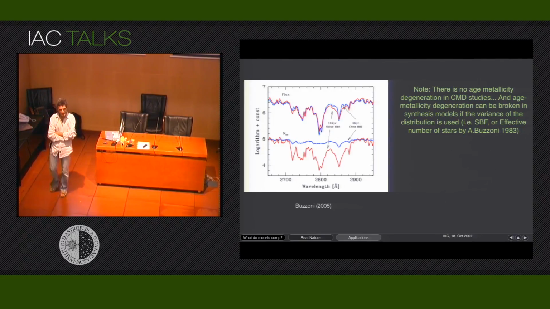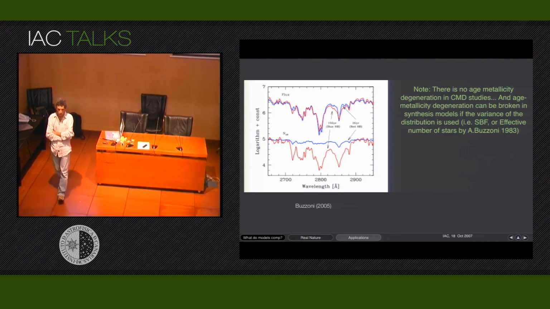My point is that there are other issues, and this is a good example, that really drive the uncertainties in this kind of inference.